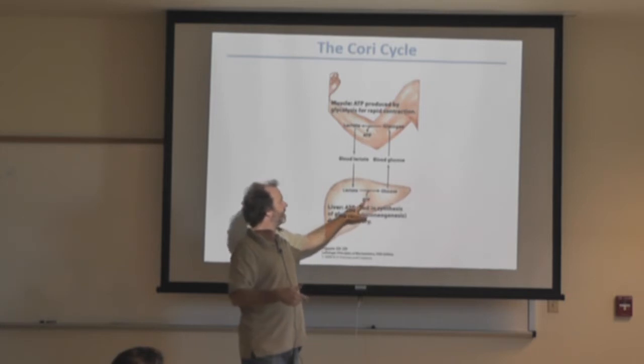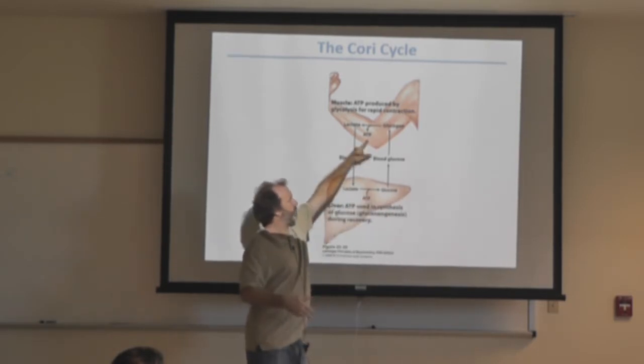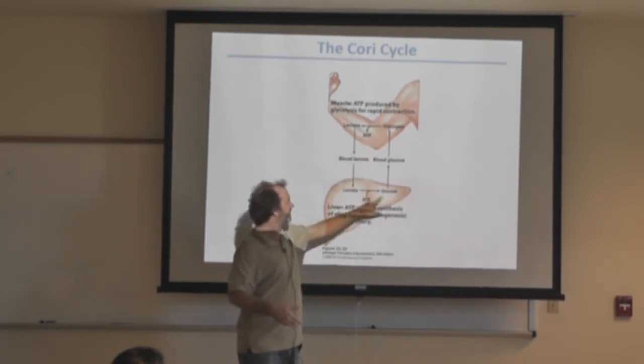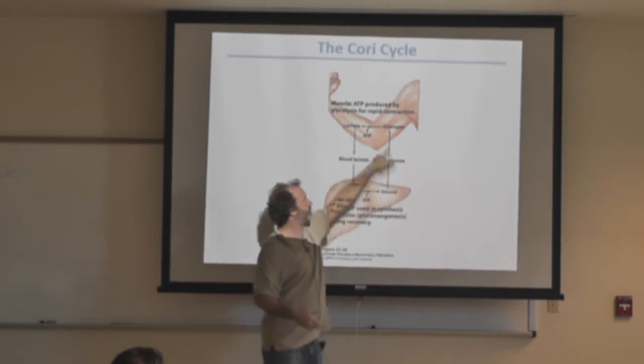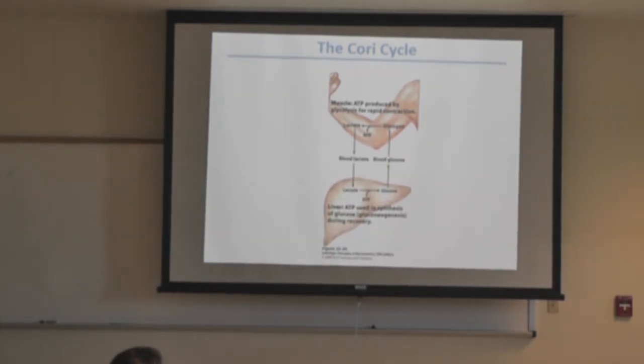You burn more ATP making sugar than you get out of it. You use more energy producing this lactate, and at the same time you can ship glucose back to the muscle to make more ATP in the muscle. I think you lose about 2 ATPs for each sugar molecule that you make, and then that just gets reburned again. So it's not very efficient, but it gets sugar to where it needs to be burned.